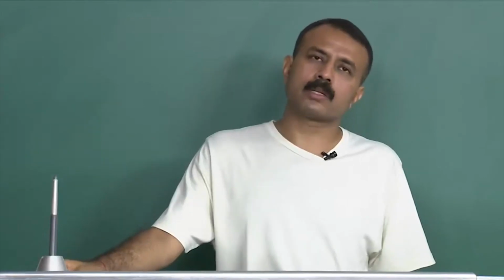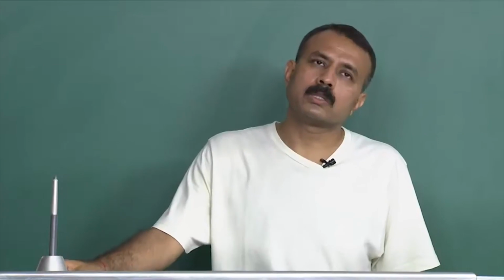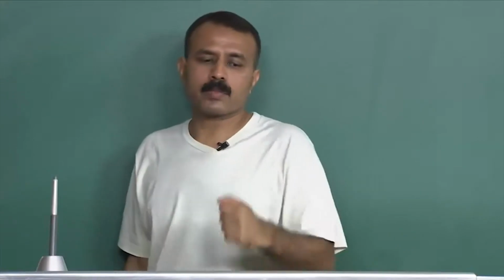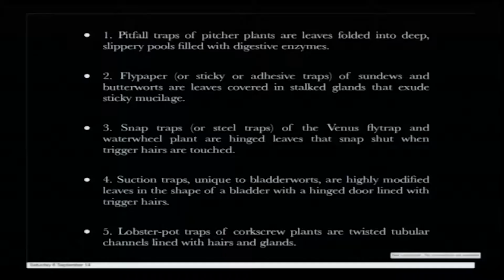But here these plants have a different kind of added genetic machinery which allows them to produce a series of digestive enzymes which could degrade the insect.